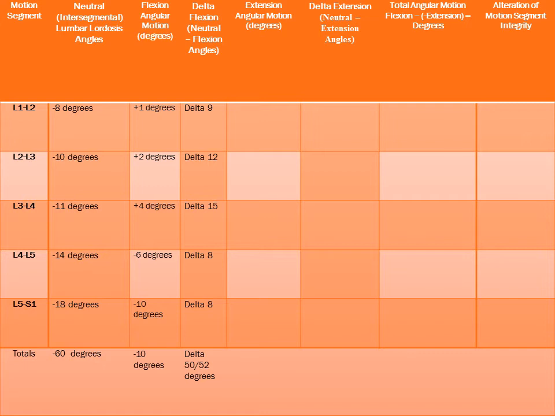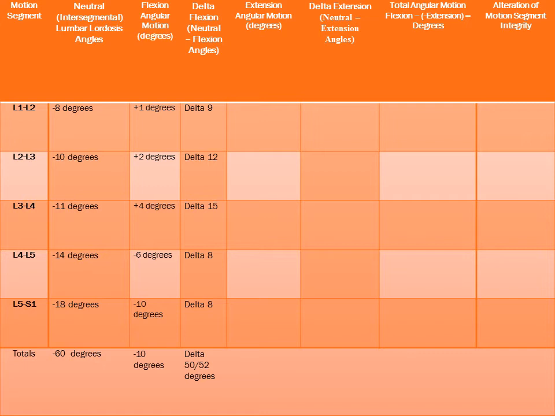That lumbar motion segment at L1, L2 moved 9 degrees from neutral position to full lumbar flexion. That indicates that that's a movable segment. At L2, L3, the change in flexion angle was 12 degrees. At L3, L4, it was 15 degrees. At L4, L5, it was 8 degrees. At L5, S1, it was 8 degrees.